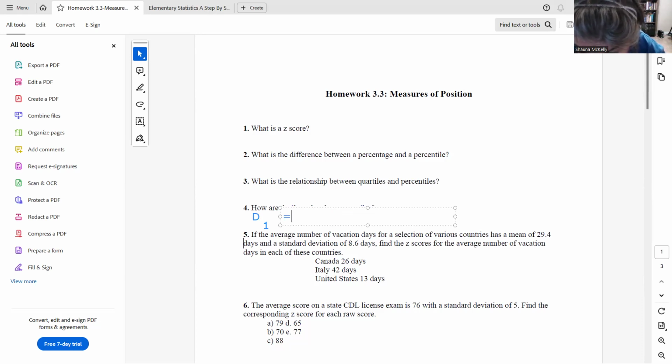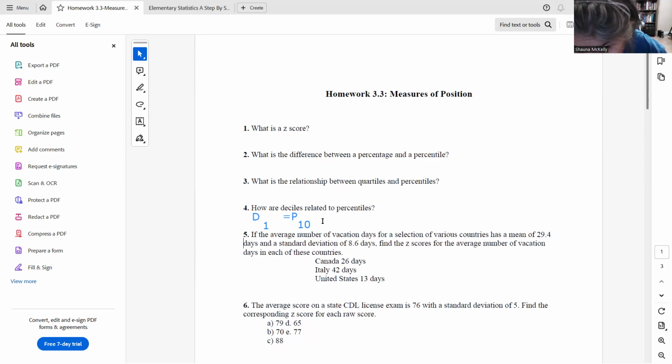So this is related. This is P1, for example, right? This is going to be P10. Decile 1, because deciles, there's only 10 of them. So the first decile is the first 10 percentiles.